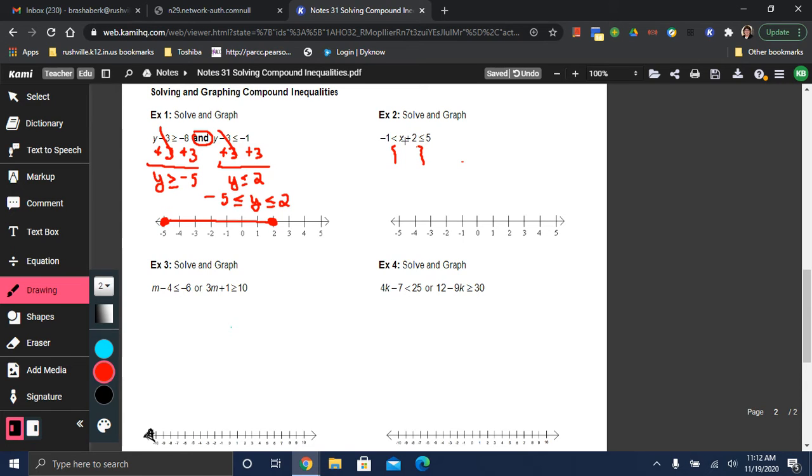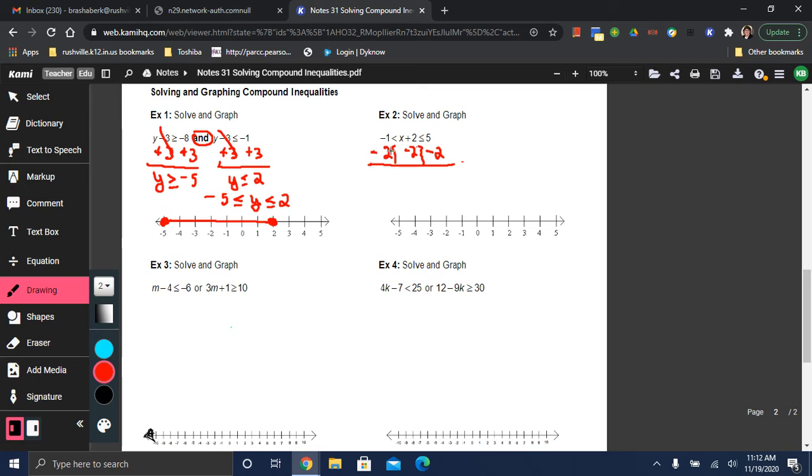This middle section, your goal is to get the x by itself. So we have add 2. We want to do the opposite. We want to subtract 2 from all the sections. So normally I just subtract 2 from what I would say each side of the inequality. But I have 2 inequalities, so I have to subtract 2 from all 3 sections.